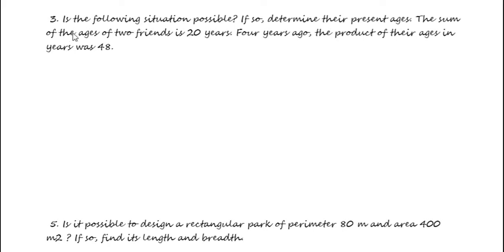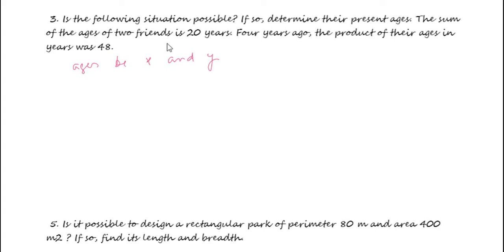Next exercise. Is the following situation possible? If so, determine their present ages. The sum of the ages of two friends is 20 years. 4 years ago, the product of their ages in years was 48. Let the ages of the two friends be x and y.